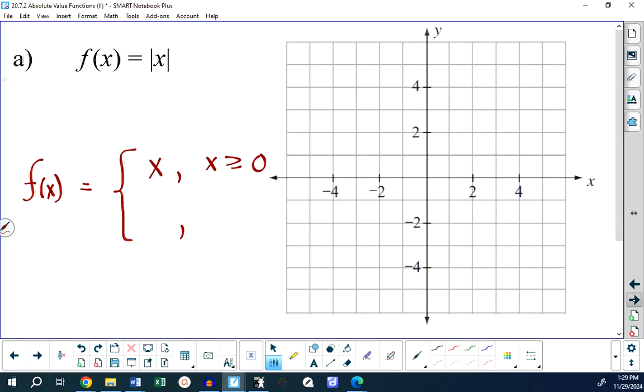What will the function be equal to if x is negative? Zach, do you think you know? Negative x.